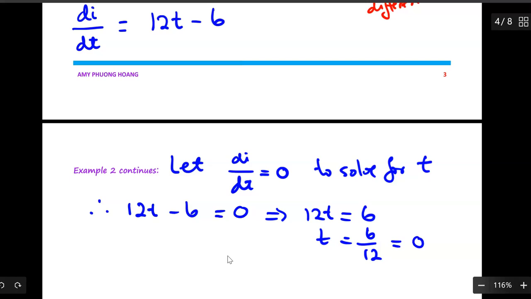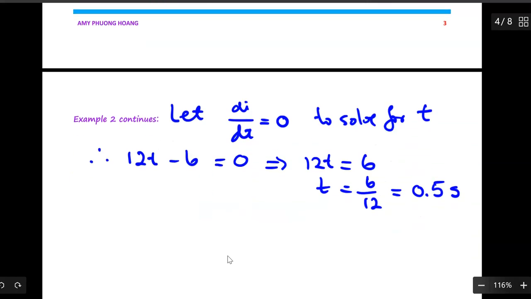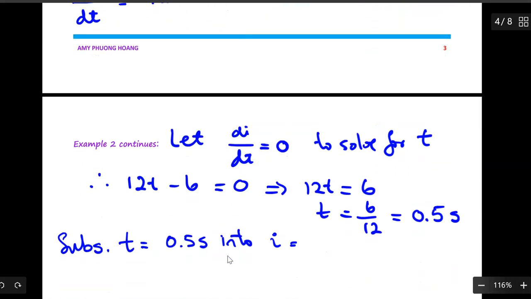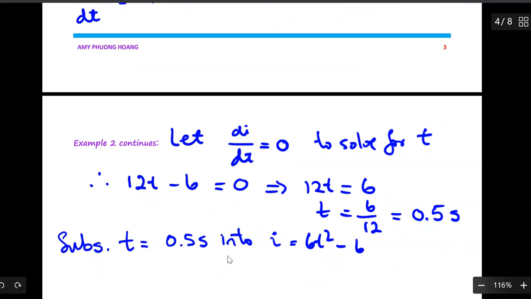So in this case, I have 0.5 second. The next step is to substitute t equals 0.5 second into I equals 6t squared minus 6t to find the corresponding value for I.